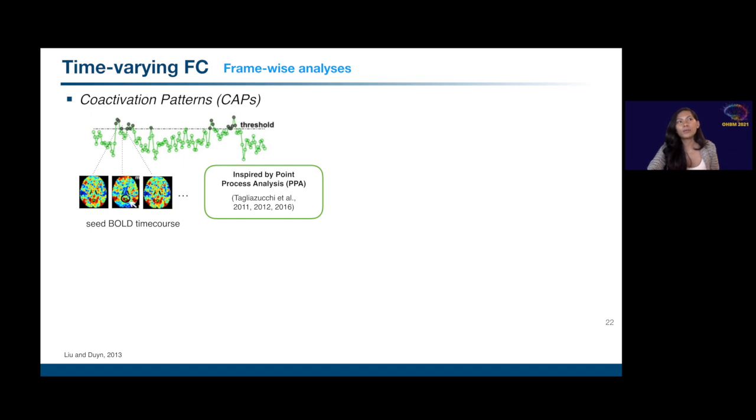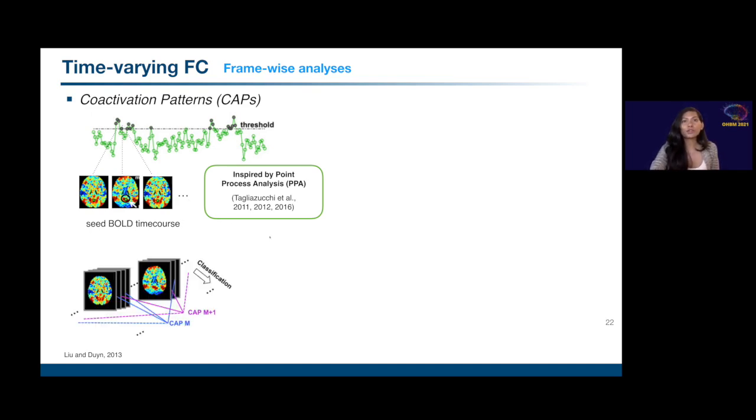Then they looked at the significant time points of the posterior cingulate cortex, and those time points that are above the threshold are fed into a clustering algorithm known as K-means clustering in order to obtain the different co-activation patterns in the data.